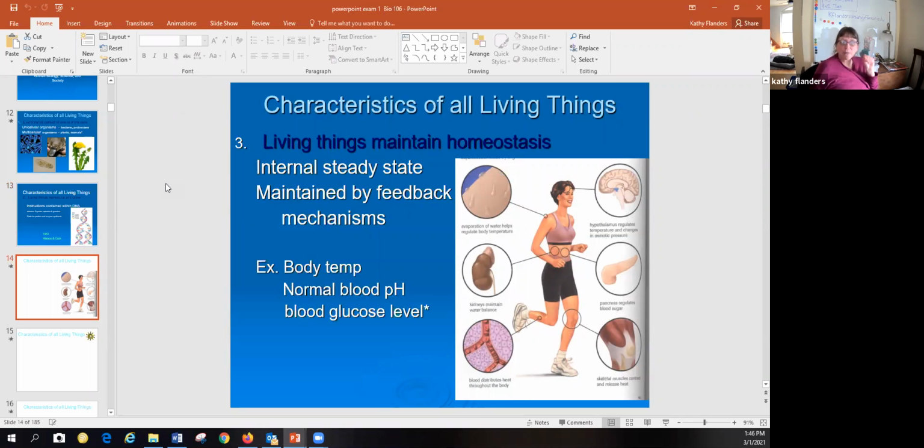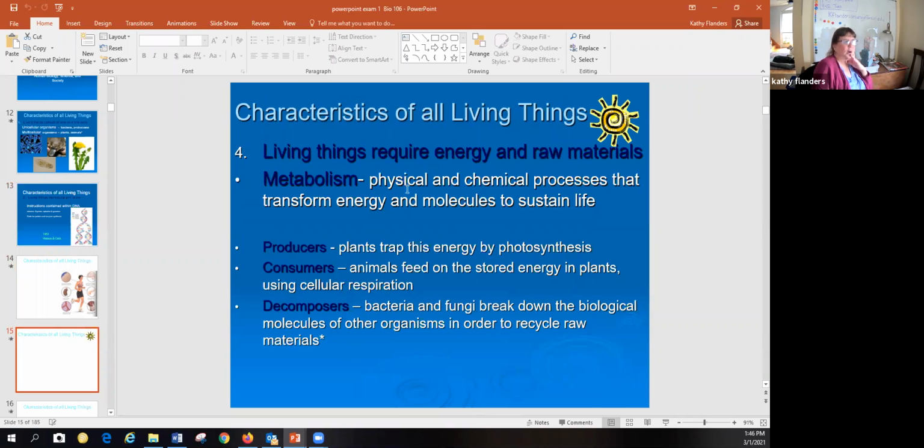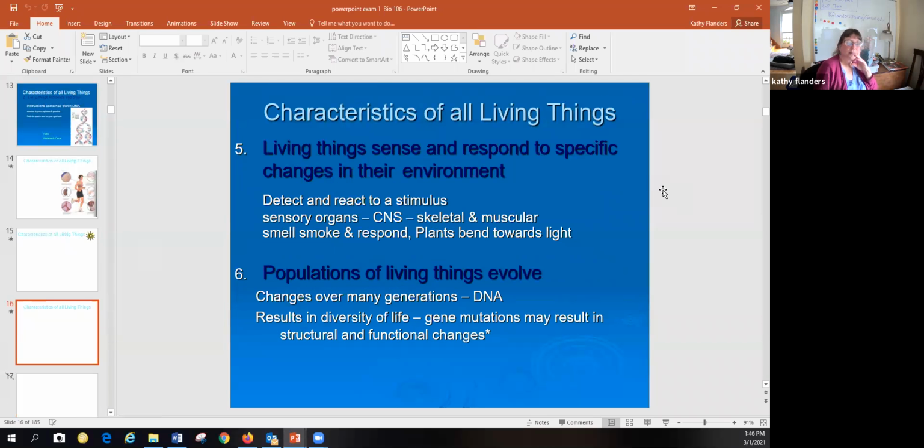Homeostasis, right? Every cell tries to maintain homeostasis. Now we're multicellular and we have ways to do it, but every cell, even down to a little bacterium, wants to have homeostasis, that internal steady state. They require energy. They respond to changes in their environment. And populations evolve.